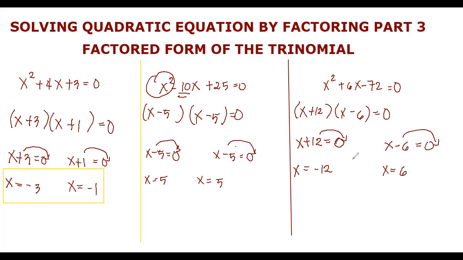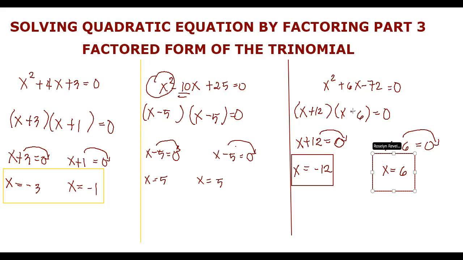So the solution of x squared plus 6x minus 72 is equal to 0 is negative 12 and 6, or x is equal to negative 12 and x is equal to positive 6.